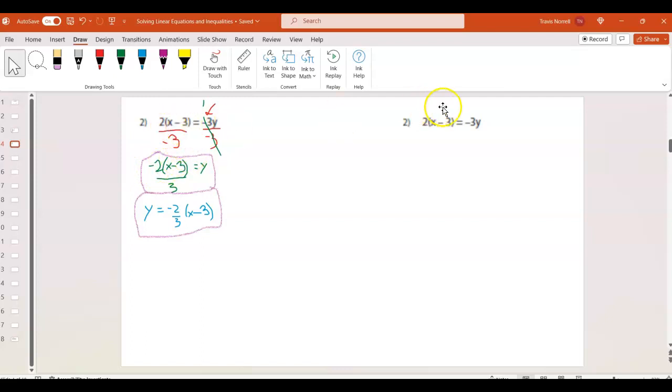All right, let's say we want to simplify for x now instead of y. We have a couple of different operations going on here. Let's write PEMDAS out. And you'll see why here in just a second. Because normally, I would want you to take care of the subtraction before the multiplication, right?